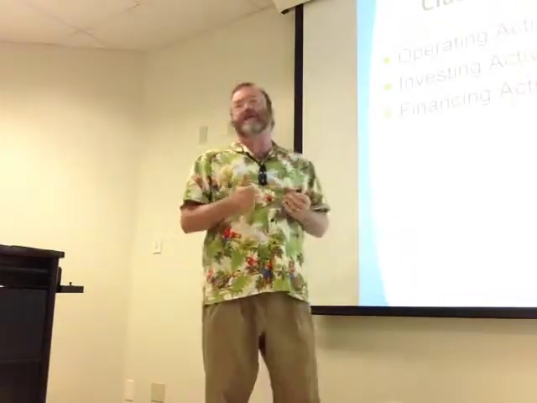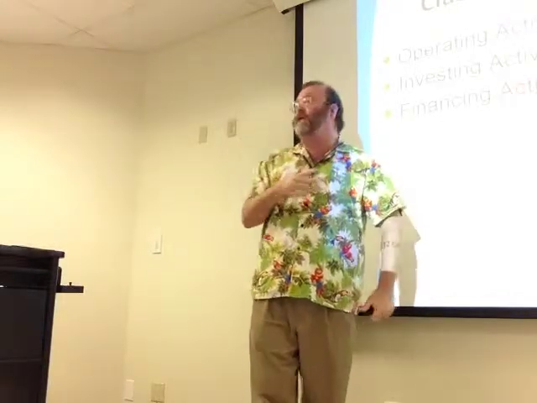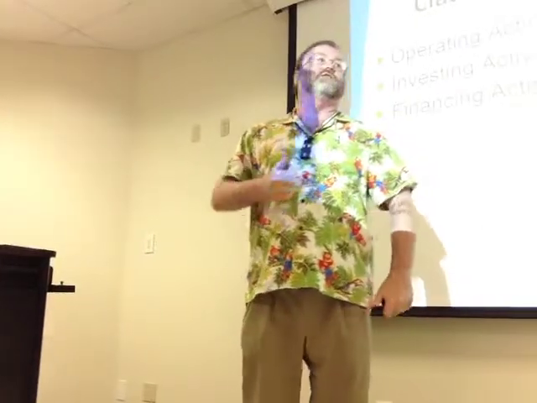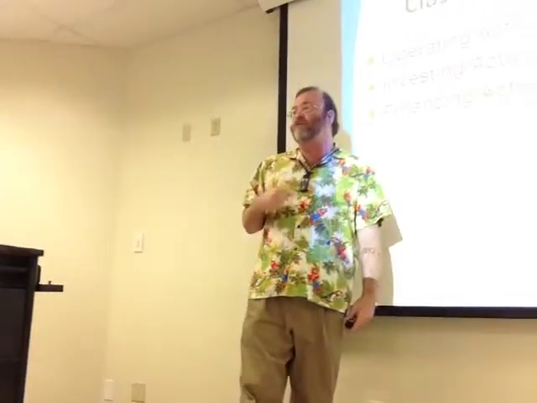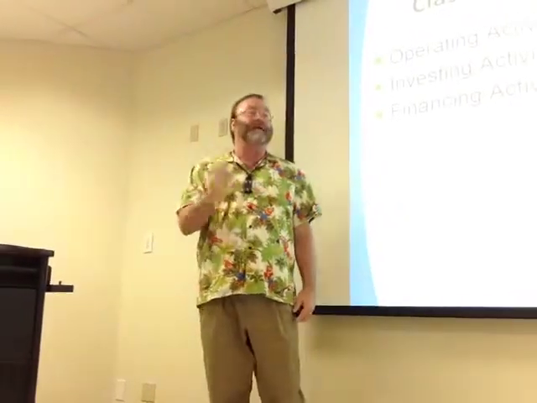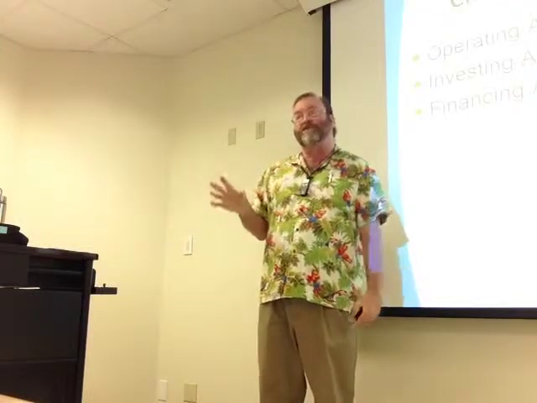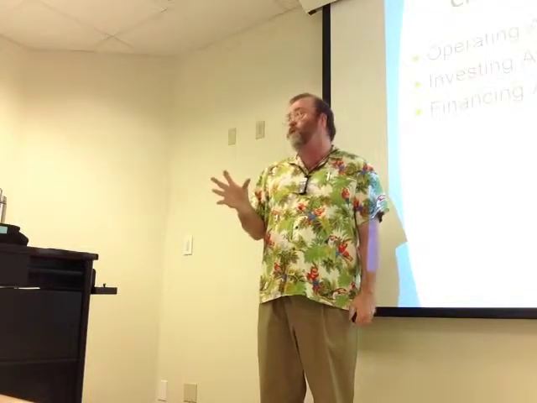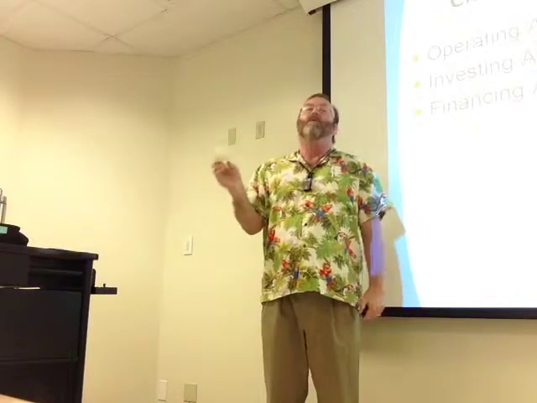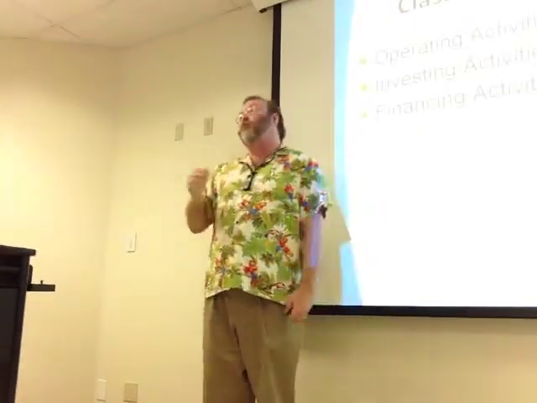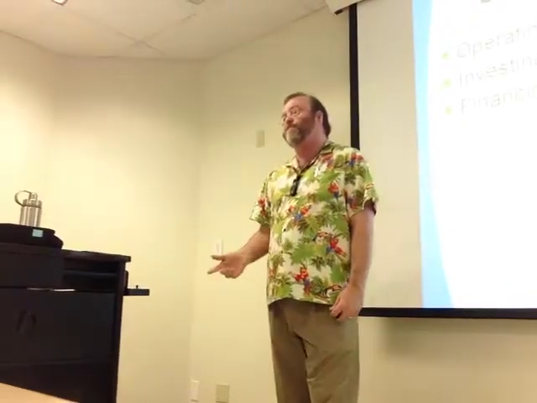Operating activities is, and we're going to be doing, there's two ways of doing a statement of cash flows. There's a direct method and an indirect method. I'm going to be focusing on the indirect method. I'm going to demonstrate on the second day that we're doing problems what the direct method is so that you see it. But what I'm testing on and what I'm hoping that you understand is how to do this in an indirect method.